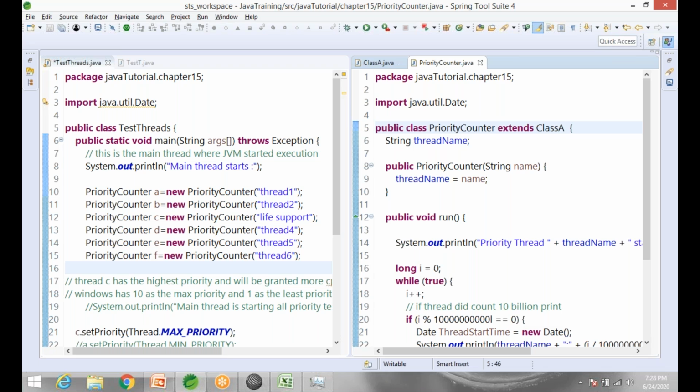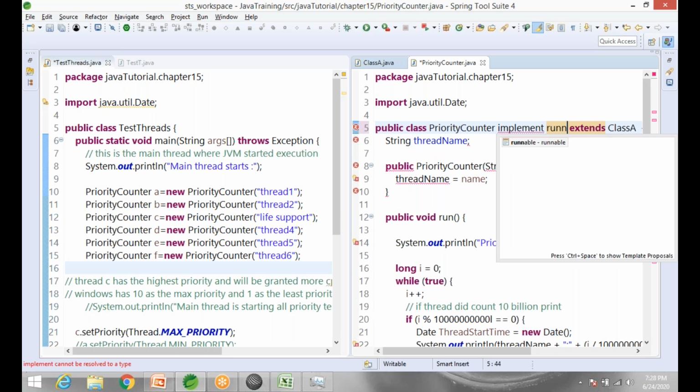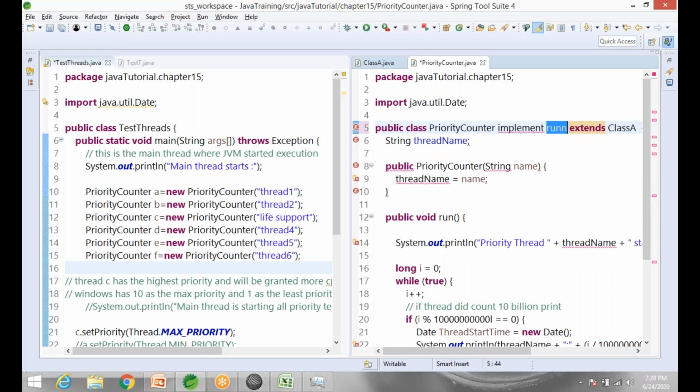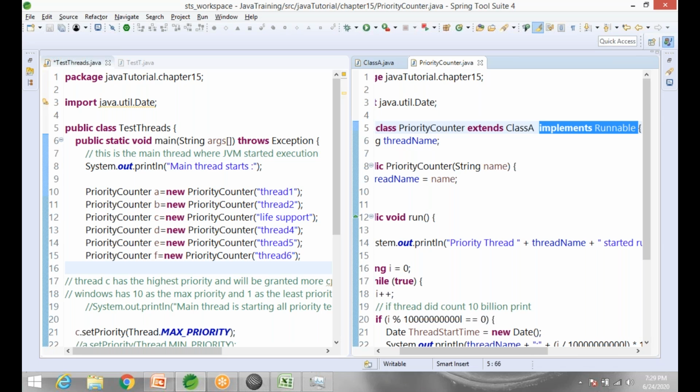So what we do in a scenario like this is, instead of extending the thread class, what we say is implements Runnable. So you are allowed to extend a class and implement another interface. This is allowed, but you're not allowed to extend two different classes.